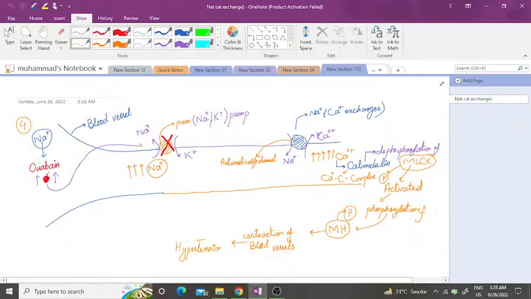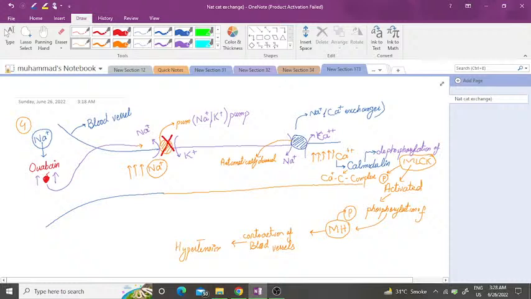It inhibits this sodium potassium pump. When this pump is blocked, the intracellular sodium increases, and this is associated with the blockage of the sodium calcium exchange activity. This inhibition leads to an increase of calcium inside the cell.